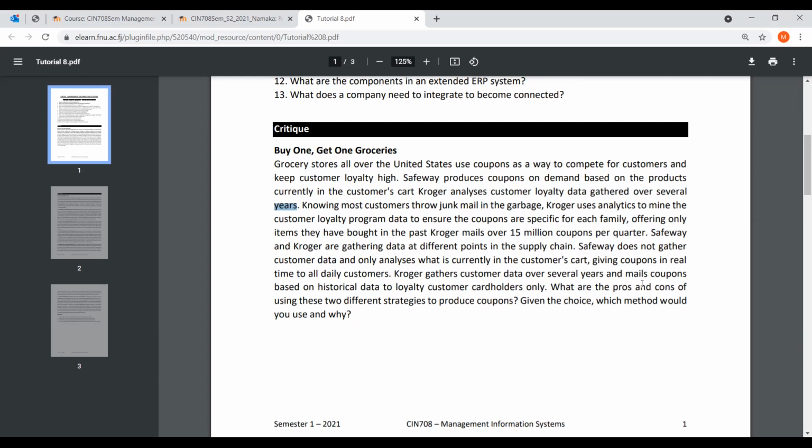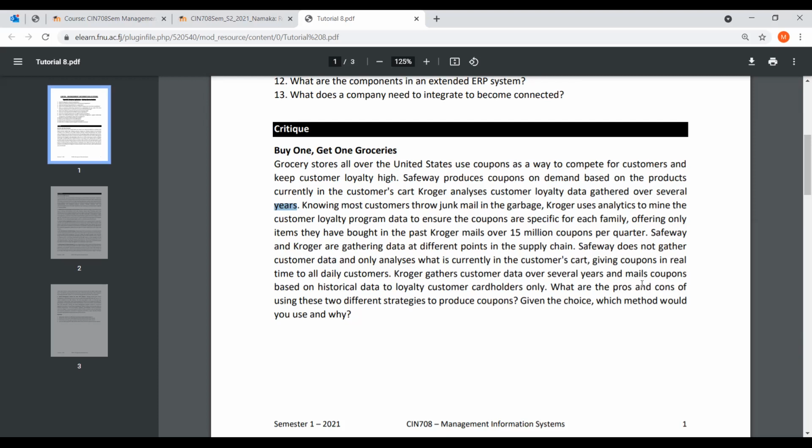If I become a data analyst for Kroger, if I notice that I am retaining customers, but I'm not getting new customers, because I have the data with me, then I will find some strategic techniques to ensure that I'm also able to attract new customers. So my option out of those two would be Kroger.